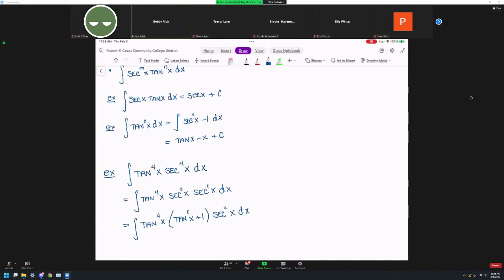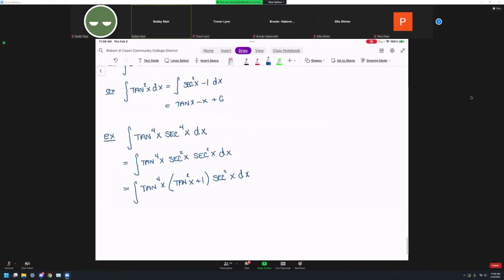And now we'll let u equal tangent of x. So du is going to be secant squared x dx.